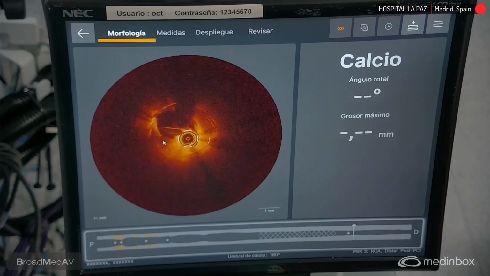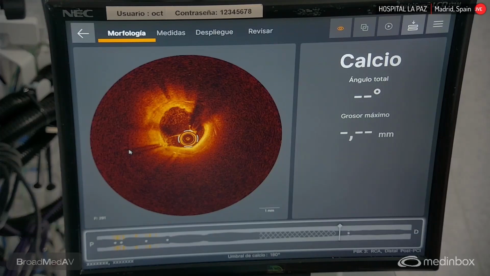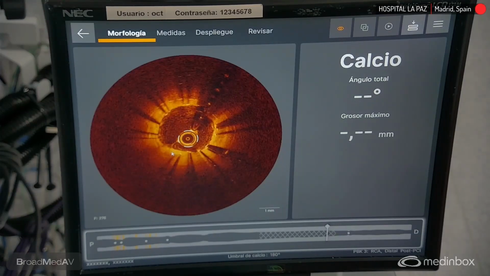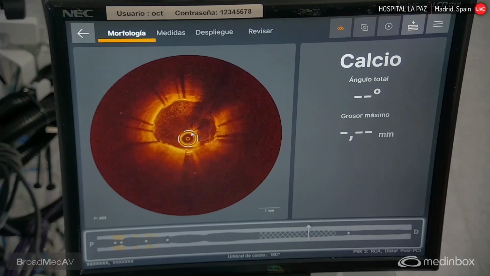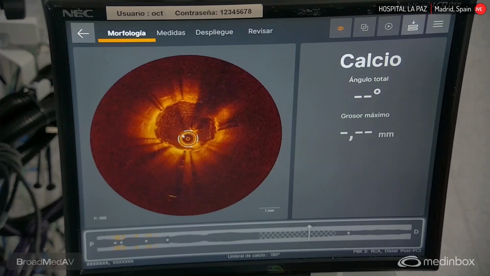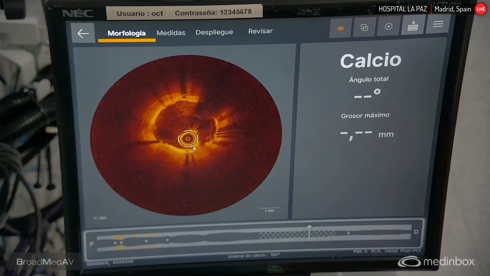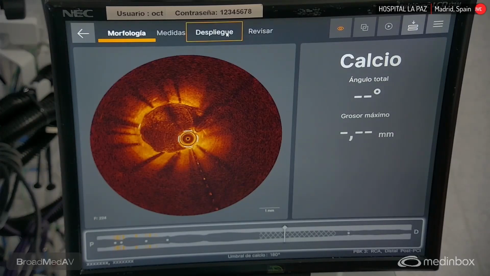This is the posterior descending with some calcification, but not a significant lesion. This is the moderate restenosis of the distal right coronary, proximal to the bifurcation, and there is the new stent. It is circular, well expanded, but in some areas you can see the previous stent and the calcified neointima between the two stents.